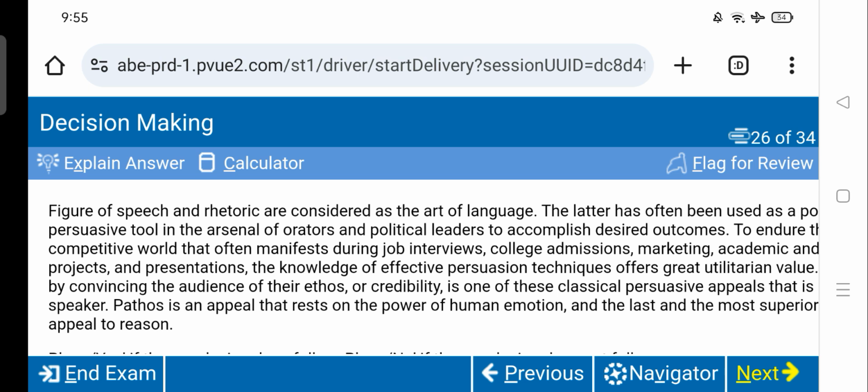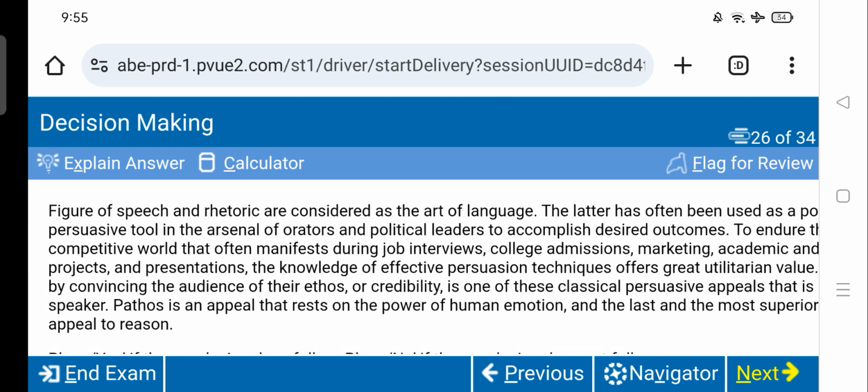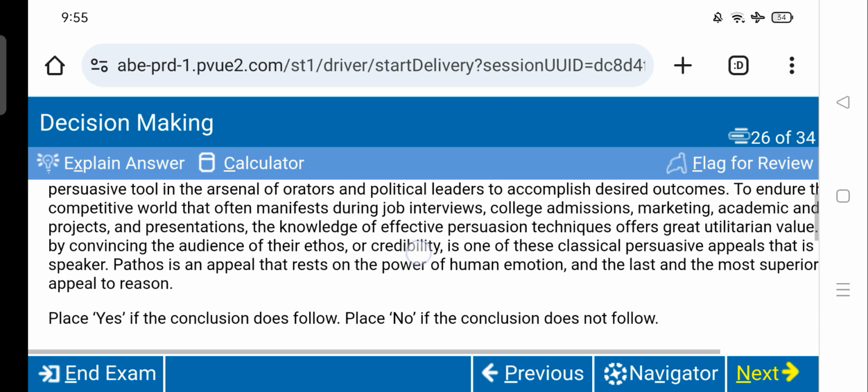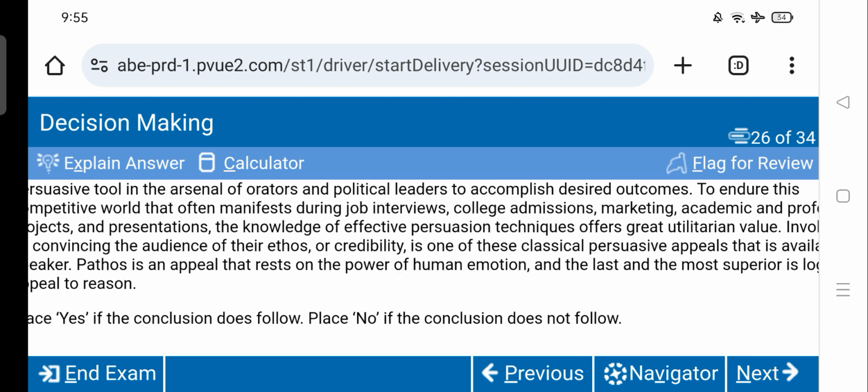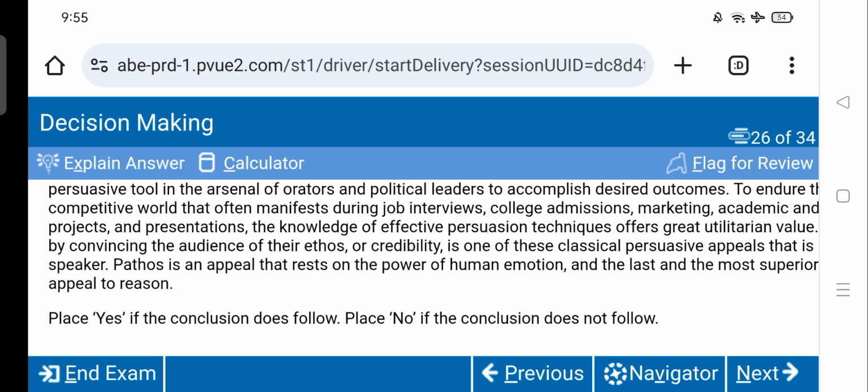To endure this competitive world that often manifests during job interviews, college admissions, marketing, academic, and professional projects and presentations, the knowledge of effective persuasion techniques offers great utilitarian value, invoking trust by convincing the audience of their ethos or credibility.